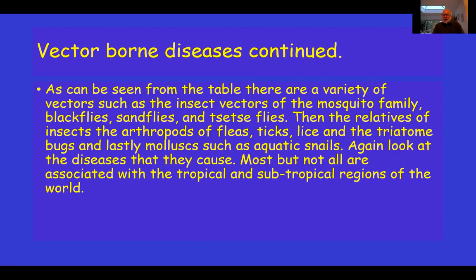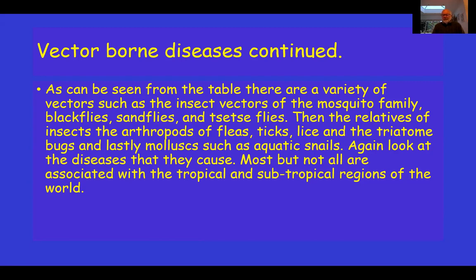Lastly, mollusks. So things like snails can transmit things like liver fluke. In my day, when I was younger, we were told not to eat wild watercress and things like that, because although you could find it in streams, etc., it might well contain the larvae from the snail that's released the liver fluke into the water.